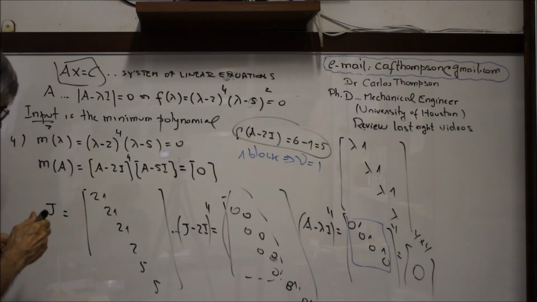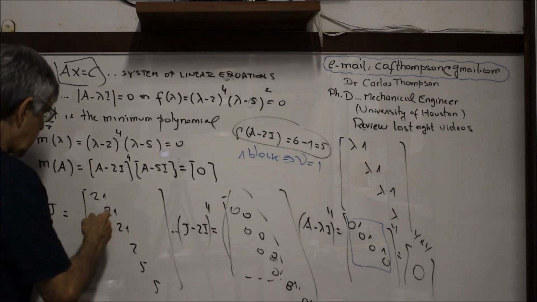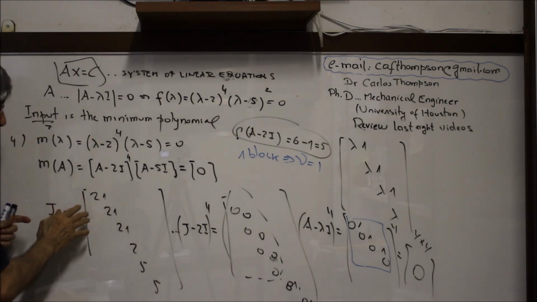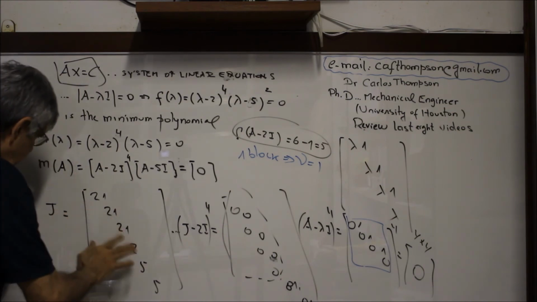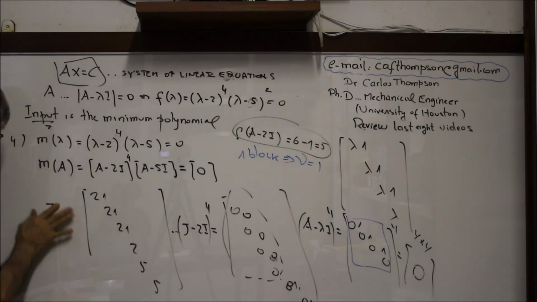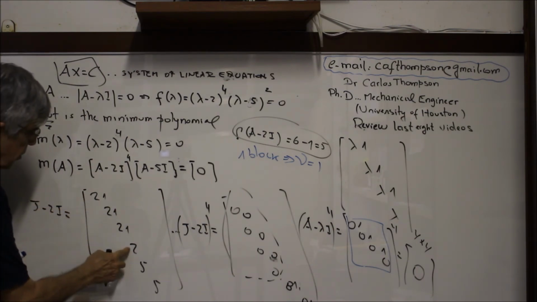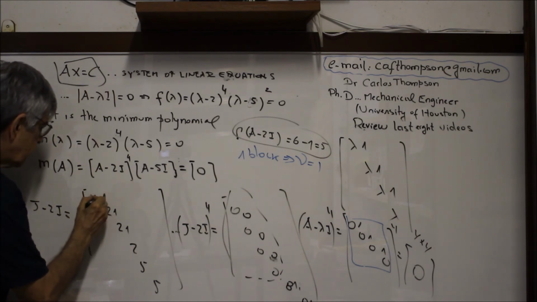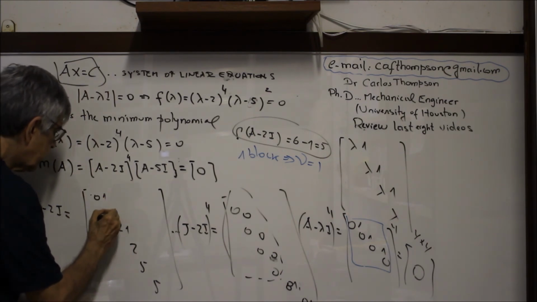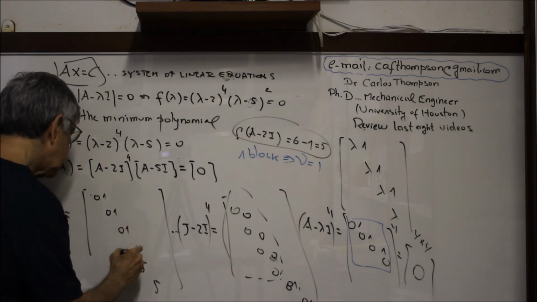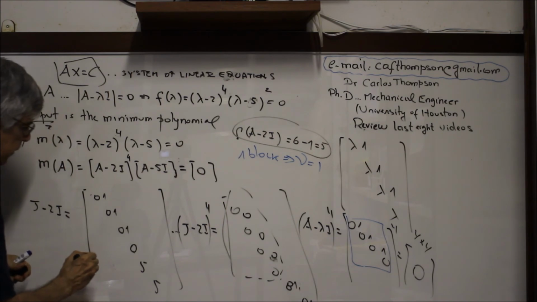Now, let's see one thing here, okay? This is 1, 2, 3, 4, 5. You see, J minus 2I, okay, write down here J minus 2I, J minus 2I. Let's see, this will be 0, okay? I'll erase here, put 0. I will erase here, put 0, and put 0, okay?